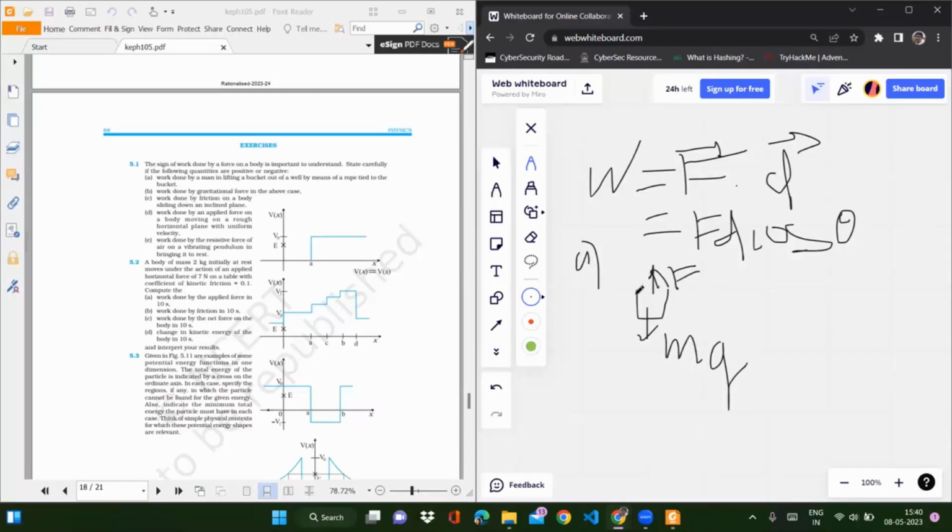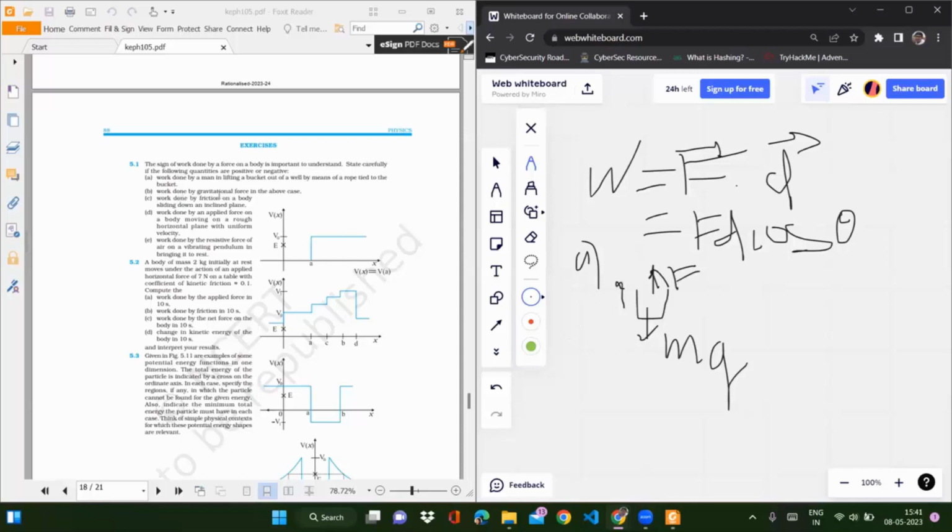As the man is lifting it up, the bucket will be going up. So the direction of displacement is vertically upwards, and the force applied by the man is also upwards on the rope. So the work done by the man in lifting this bucket will be positive, as the angle between the force and the displacement is between 0 to 90. It is actually 0 in this case, so it will be positive.